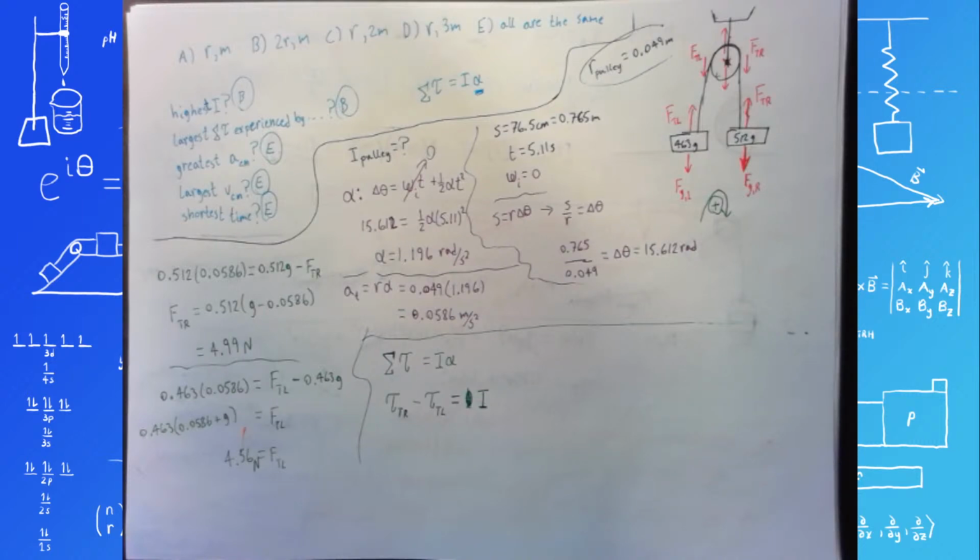Would it be appropriate to approximate the moment of inertia of this pulley as a cylinder or disk? Why or why not? Justify your answer.